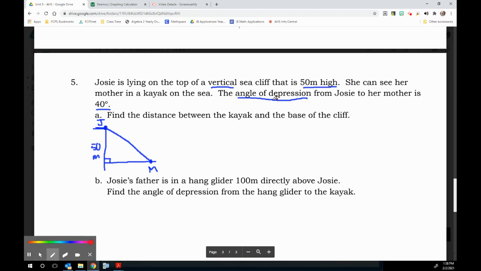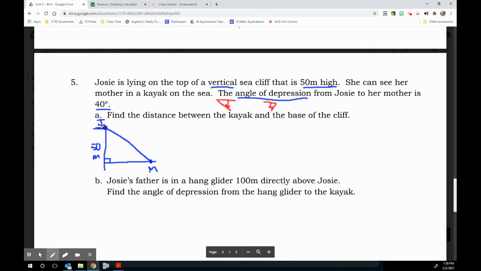They also give us the angle of depression from Josie to her mother is 40 degrees. Remember, angle of depression has to come from a horizontal and go down, or it can go the other way as well, but it just has to go down from the horizontal line.